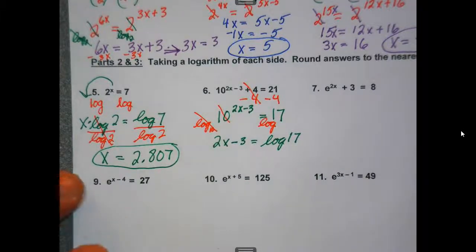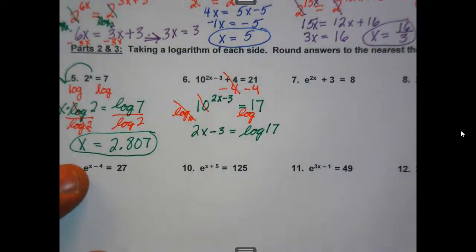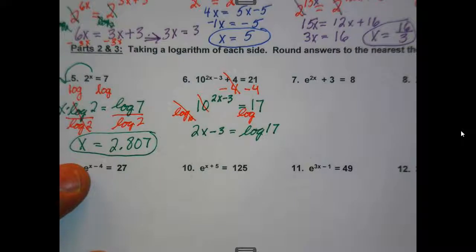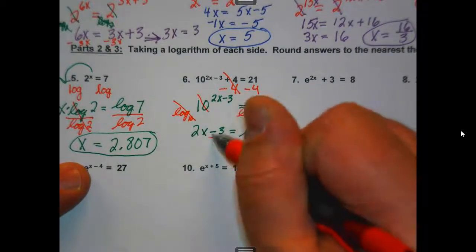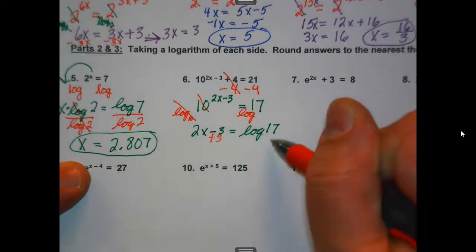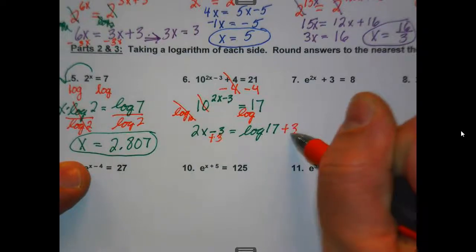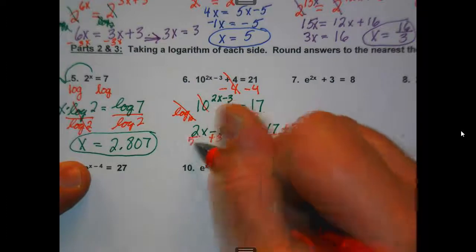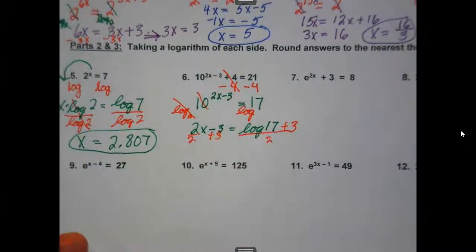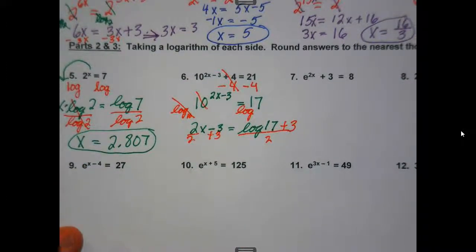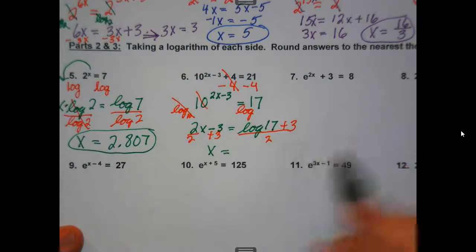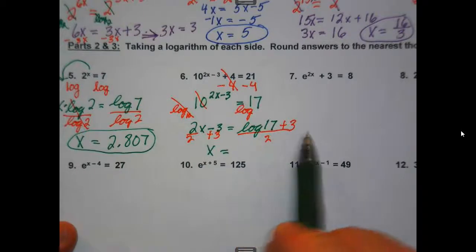Okay, now how do I get x? Well, I got to get x by itself. So what am I going to do? Add 3 to both sides. And then I'm going to divide the whole thing by 2, right? I'm doing 2 steps at once. So my x is going to equal, now be careful with fractions.